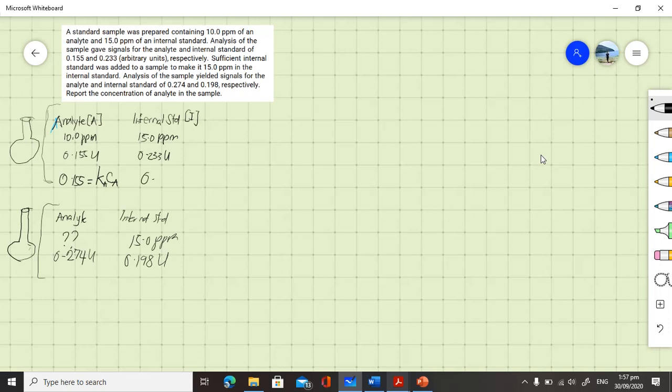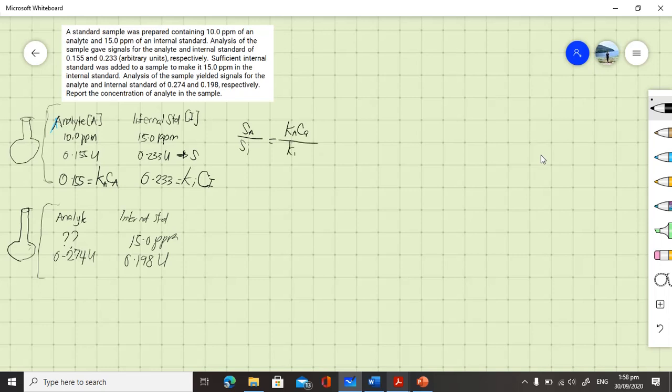And then this 0.233 must be brought about by the concentration of the internal standard and of course the constant. Okay? Understand? So if you take the ratio, the reading we denote as S, so if you take the ratio of the reading of the analyte over the reading of the internal standard, that means it is equal to this value.